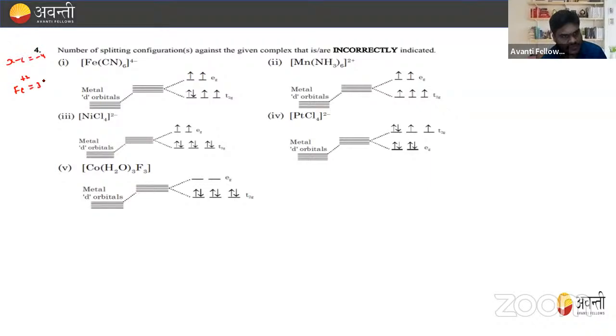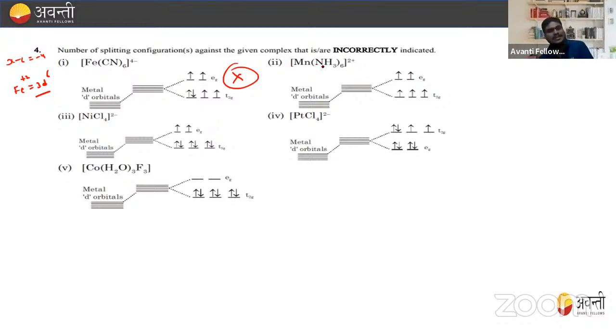Fe in plus 2 has 3d6 electronic configuration. So 3d6: 1, 2, 3, then 4, 5, 6. This is absolutely correct because we know that CN is a strong ligand, right? If CN is a strong ligand, then the pairing is done in the t2g first. If the t2g is fully filled, only then do we go to the eg level because the energy difference is very large. So this is the incorrect filling.